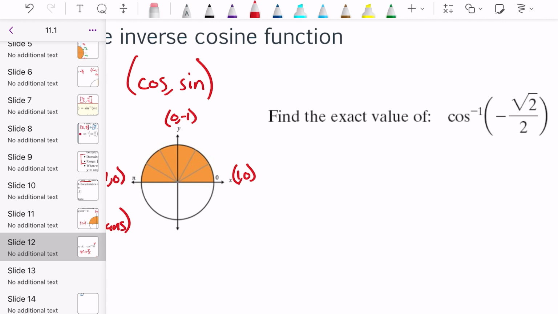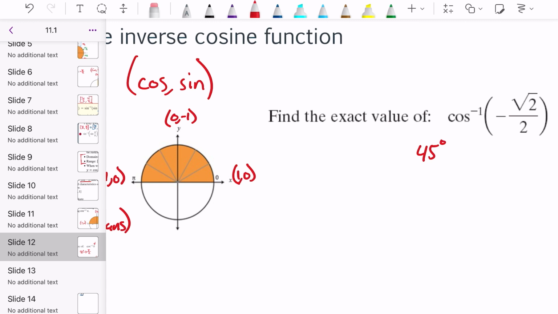Here we're being given the inverse cosine of a negative square root of 2 over 2. Now, with us working this problem, the most important thing to realize is that we would be looking for the square root of 2 over 2. As we went over earlier, the square root of 2 over 2 will only be found on a 45-degree angle.